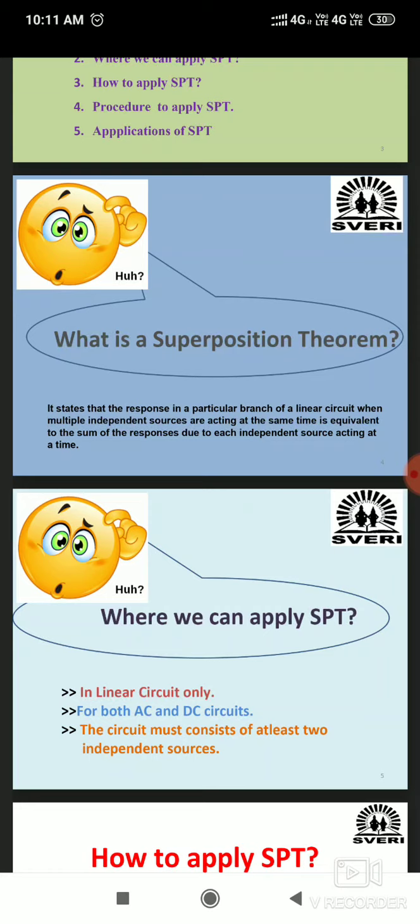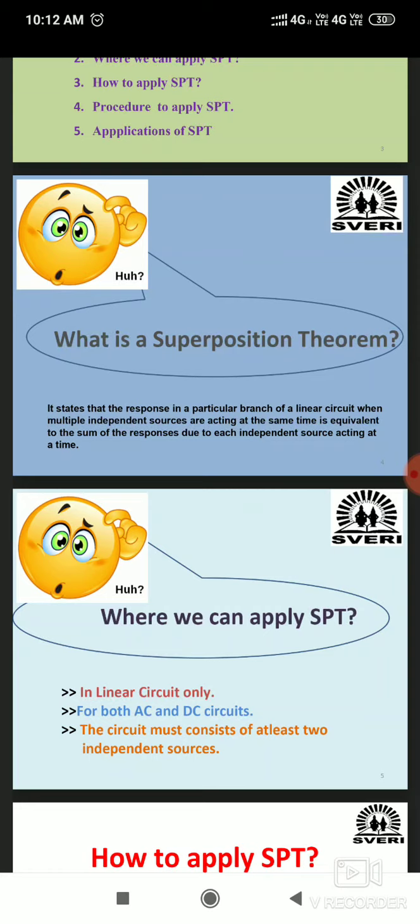So first statement is there in a linear circuit. Now, everyone note down my sentence instead of this one. In a linear circuit containing two or more independent sources, the word linear is important.